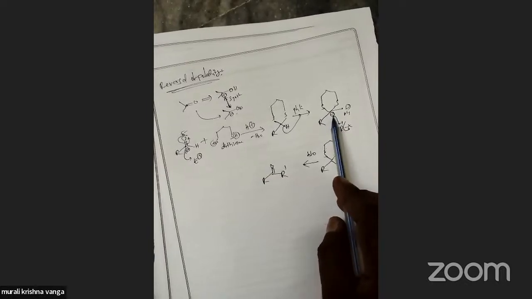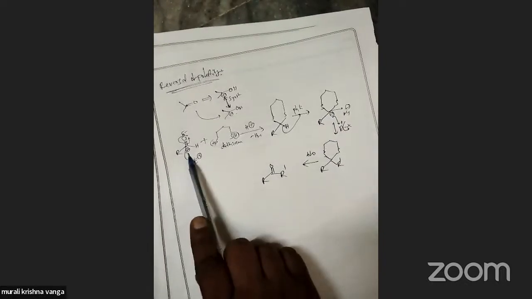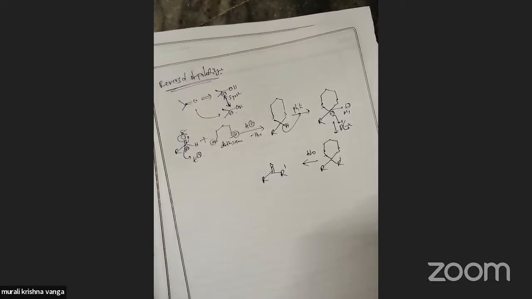So here it was positive, and now it is negative. The negative charge reacts with another electrophilic center, then hydrolysis produces a ketone. This reversal of polarity is very important in the synthesis of organic molecules.